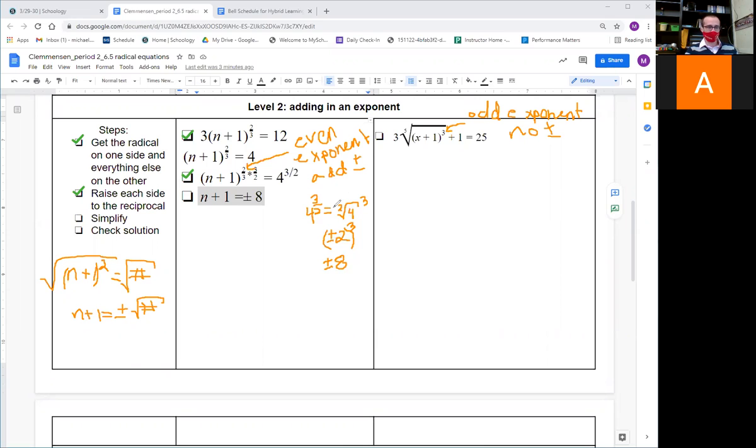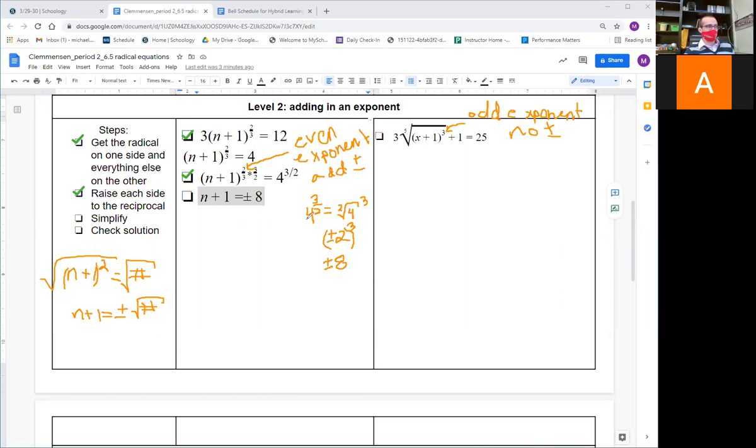Do that square root or cube root first, then square or cube it. That's the process we're going to do. So again, all I need to do is change it back into the other form, and I can do that simplifying real easy. I've got to be able to switch between forms pretty easily.